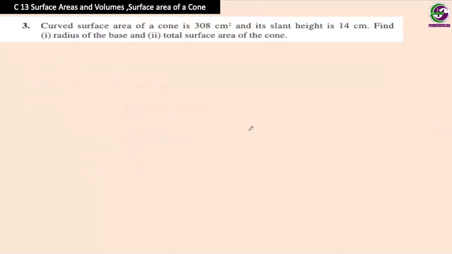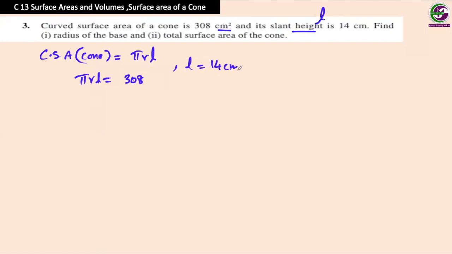Next question. Curved surface area of a cone is 308 centimeters square. So we are given the curved surface area of a cone, which is pi RL. So pi RL is equal to 308 centimeters square. Slant height is 14, so L is equal to 14, again in centimeters. Find the radius. So first question is radius.